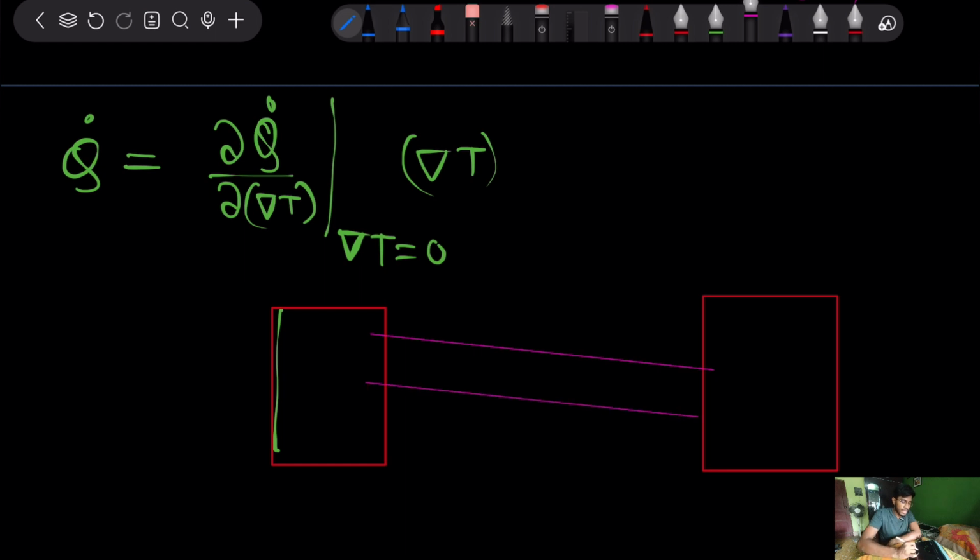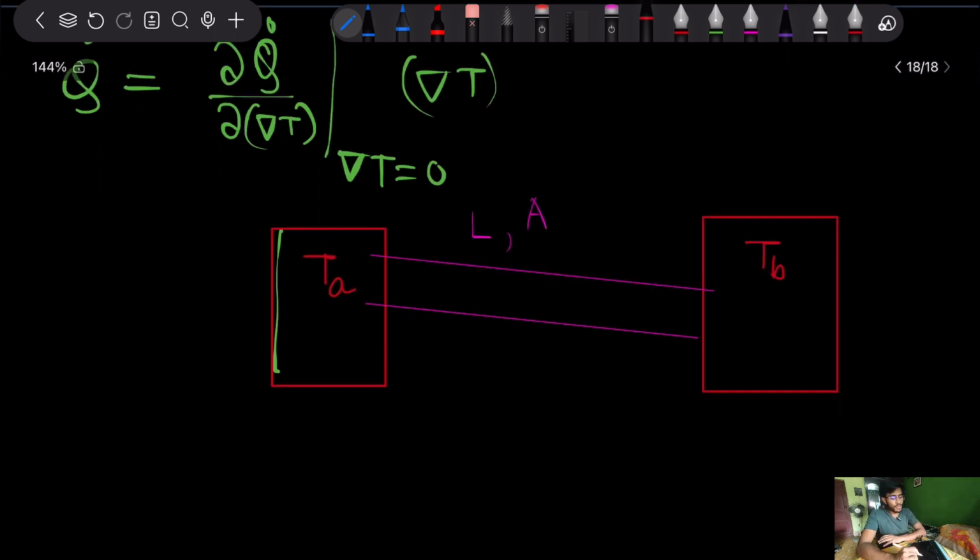This bar has a certain length and a particular cross sectional area. For the time being we take this cross sectional area as constant. This reservoir is at a temperature Ta, small a because capital A indicates area, and this one is Tb, and you measure the heat flux here.